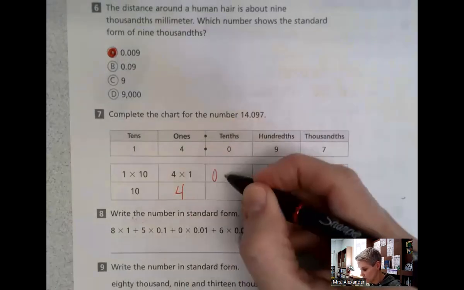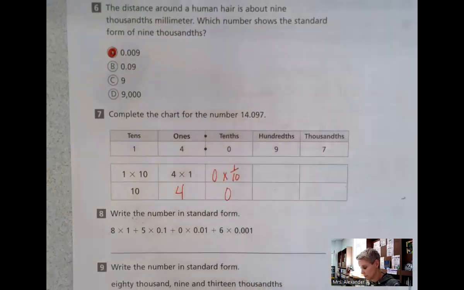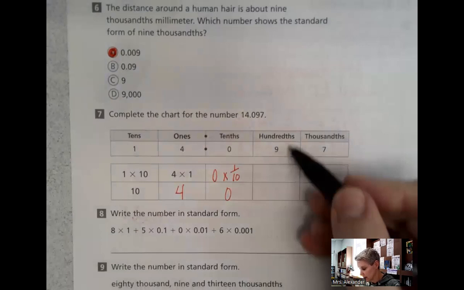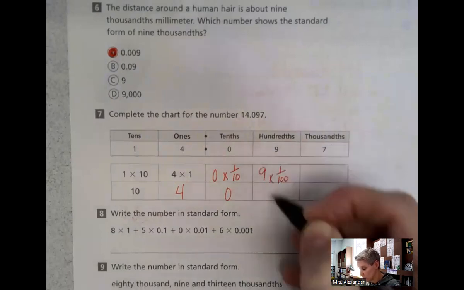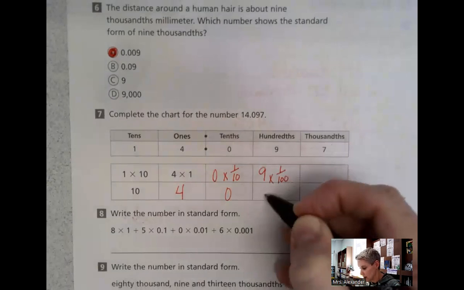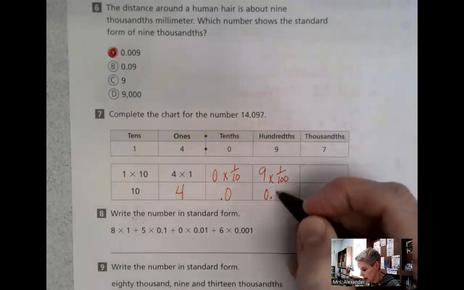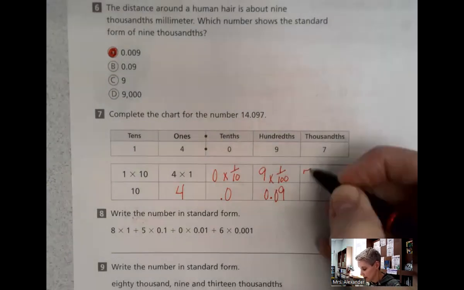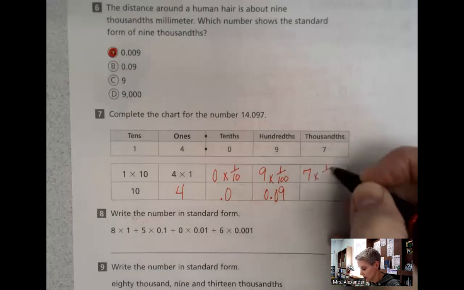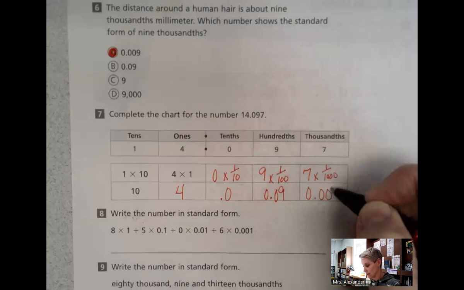In our expanded form, that would be 0 times 1/10, which would equal 0. 9 hundredths. 9 times 1/100th would be 9 hundredths. And then 7 times 1/1,000th would be 7 thousandths.